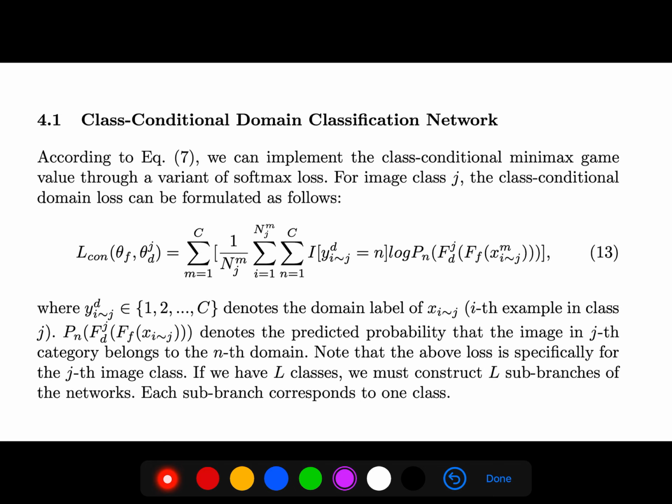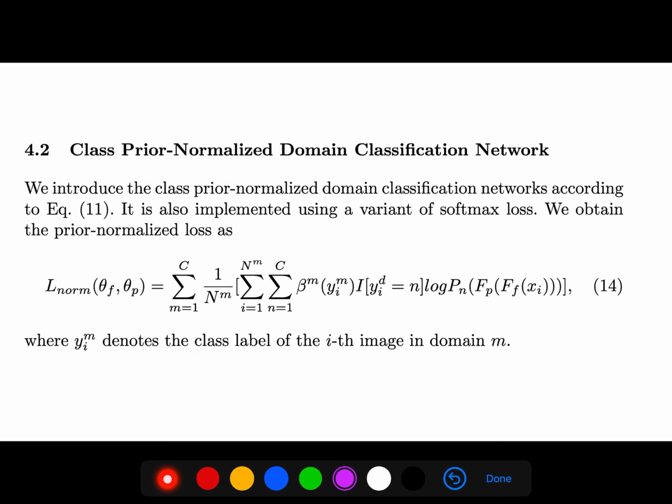We can implement the class conditional minimax game, because we should respect the classes as well. If we have L classes, we must construct L sub-branches of the network. So we introduced the class prior normalized domain classification.